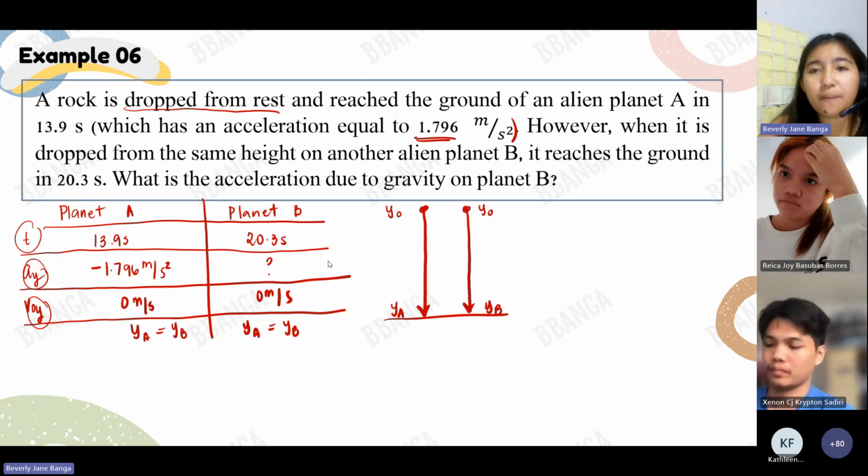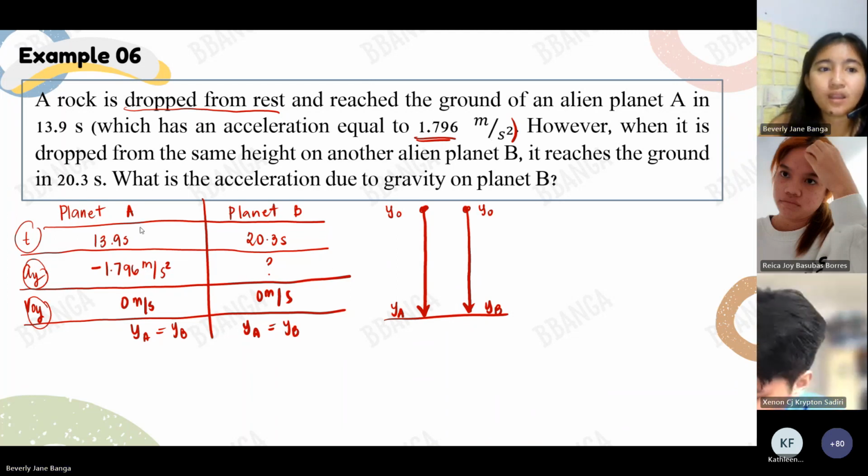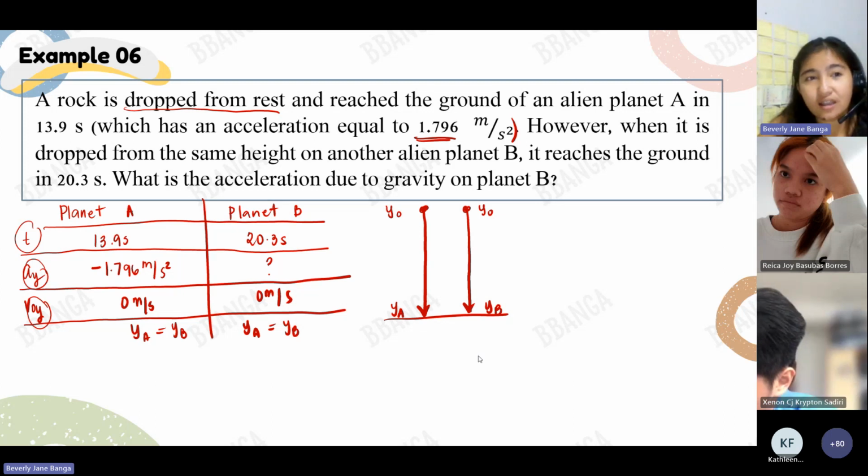So I asked from my previous students, sawang-sawa na raw sila doon sa free fall at projectile kasi nga nakita na nila sa physics, nakita nila sa Calc 2, tas makikita pa nila pala sa dynamics. Pero the thing daw is, once they enter dynamics, iba na daw yung structure or syntax ng question, no? So, doon na sila nahihirapan sa part ng analysis. Kasi yung wording or yung syntax na mismo. Okay?